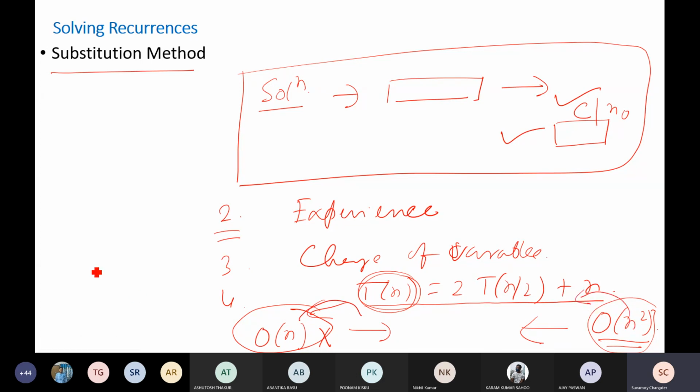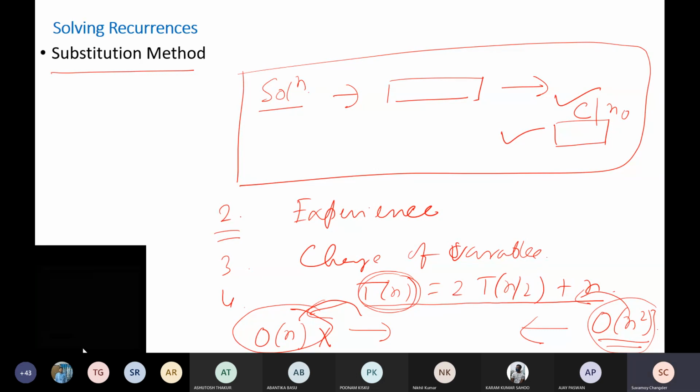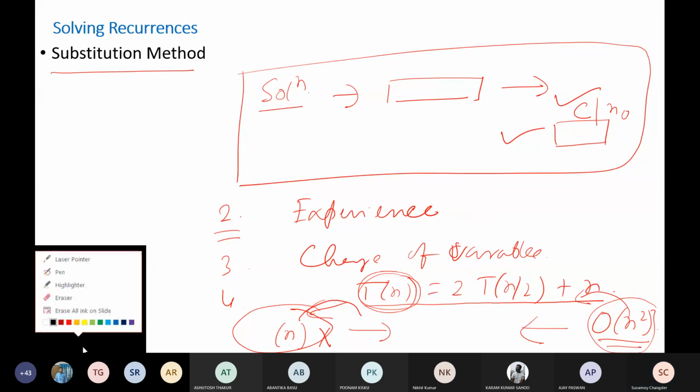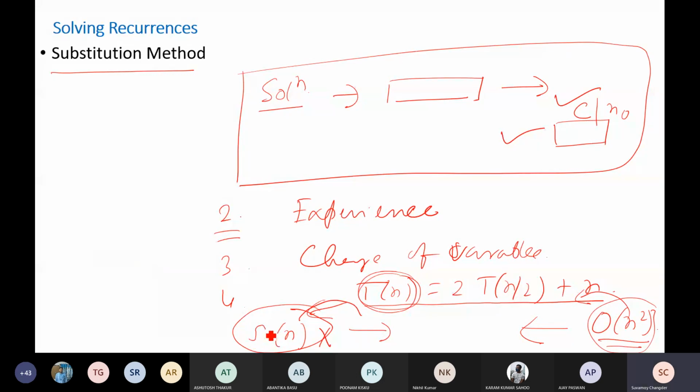So you increase the lower bound and decrease the upper bound. Whenever you are not getting anything, you guess a lower bound and you guess an upper bound, and check whether this lower bound is correct or not, and whether the upper bound is correct or not.